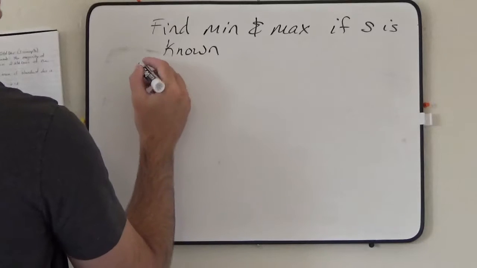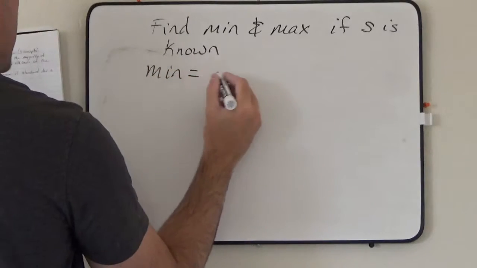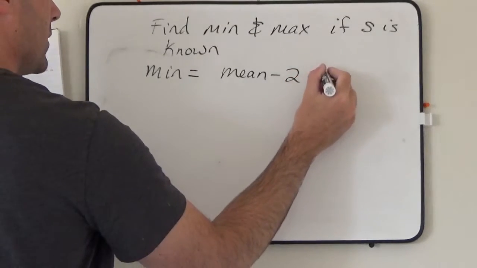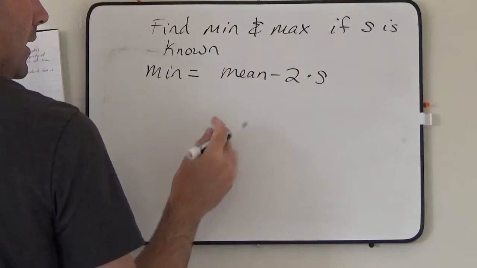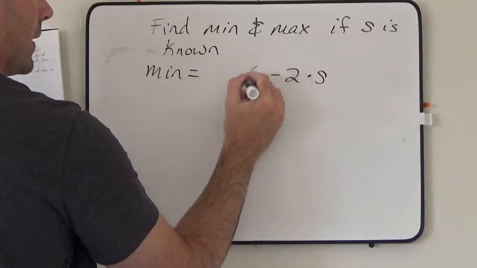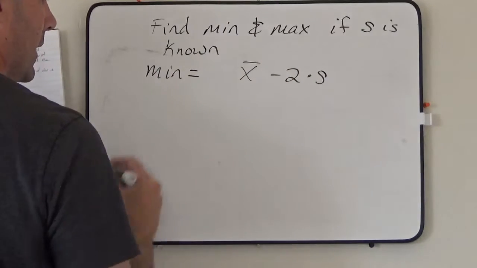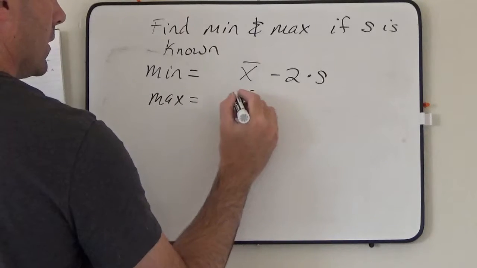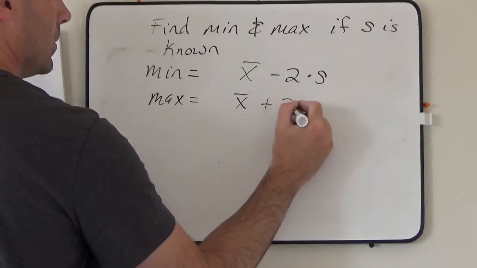Okay? So for the minimum, it's going to equal the mean minus 2 times your standard deviation. And actually for mean, I can just put x with a line over it, right? The maximum will be similar, only it's the mean plus 2 times s.